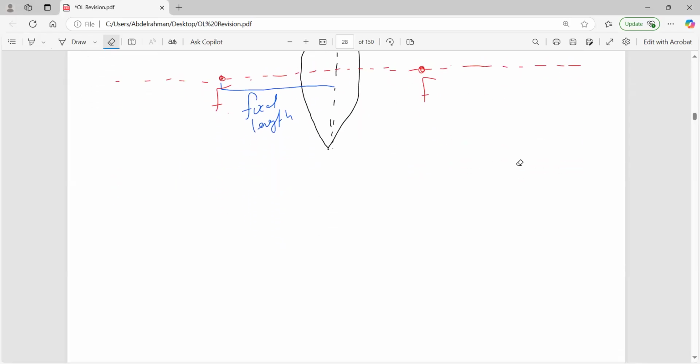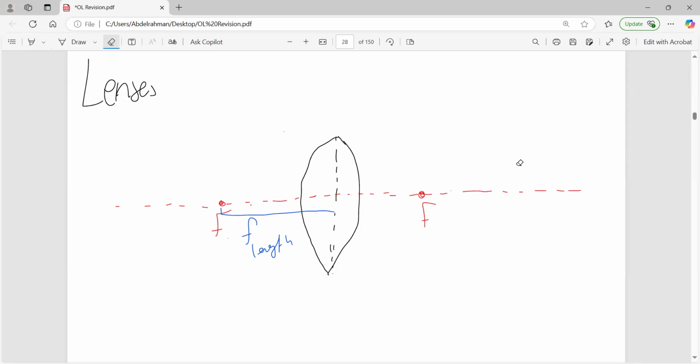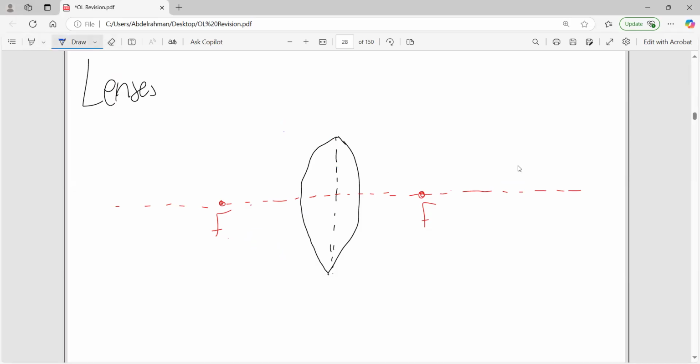What do I mean? Let me remove this and start drawing. If I had light which was initially parallel, it will be focused and pass through the focal point.